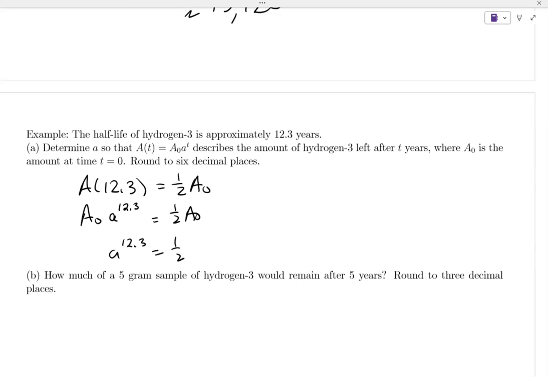Is it always going to be like that? Yeah, it's always going to be like that. Exactly right. What are we going to do to both sides to get a by itself then? Yeah, do the 12.3 root of both sides, or raise both sides to the 1 over 12.3 power.